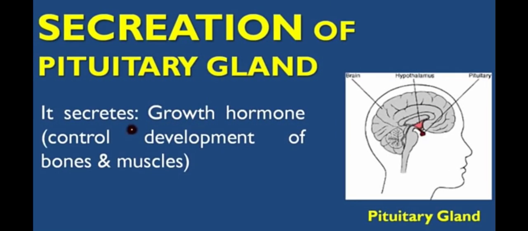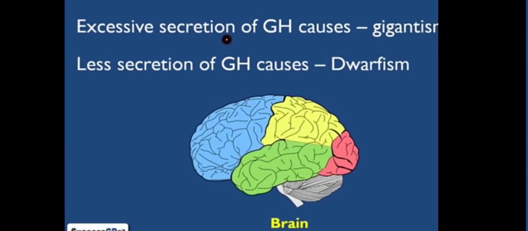Then comes the secretion of pituitary gland. It secretes growth hormone. This growth hormone controls the development of bones and muscles.